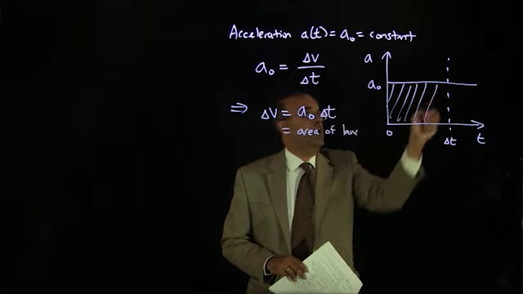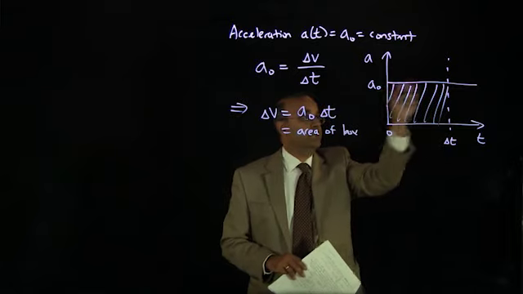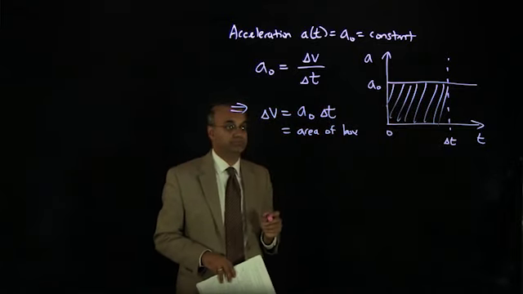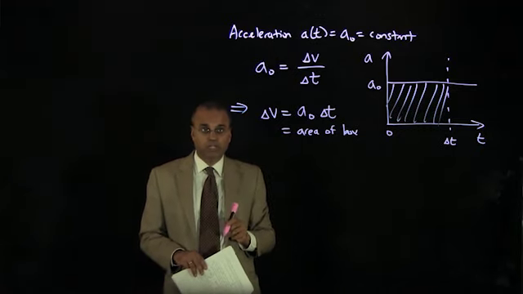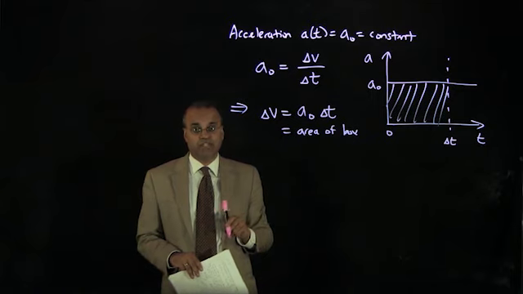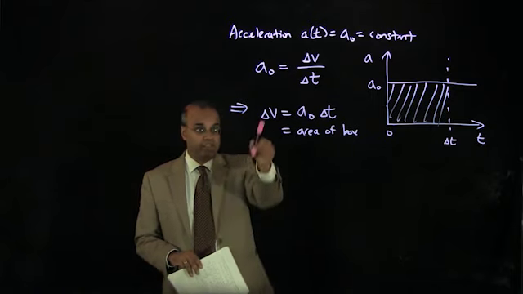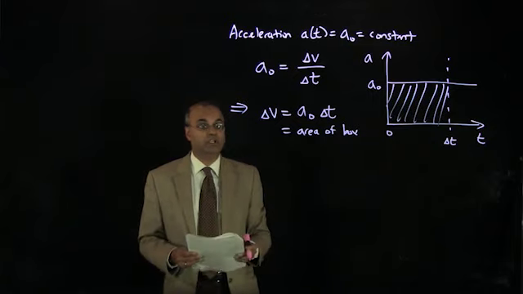That box is defined by the time interval 0 to delta t, and it's the area under the curve a naught. So if we know the velocity at time 0, and we know the constant acceleration a naught, we can calculate the velocity at any later time in this way, because the change in velocity from that initial velocity is given by a naught times delta t.